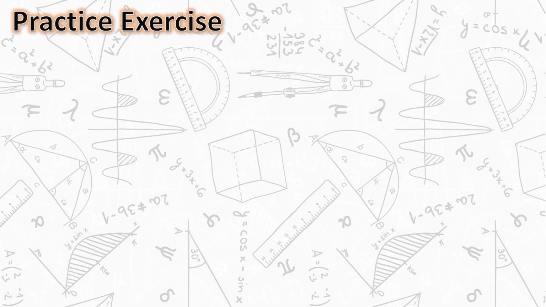At this point, let us have practice exercises. In the practice exercises, you will be given 15 seconds to solve the problem. You may pause the video while solving, and then after 15 seconds, you may play again to check whether your answer is correct.